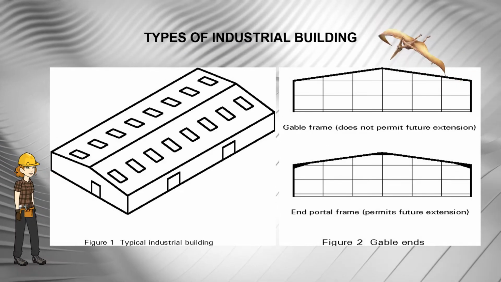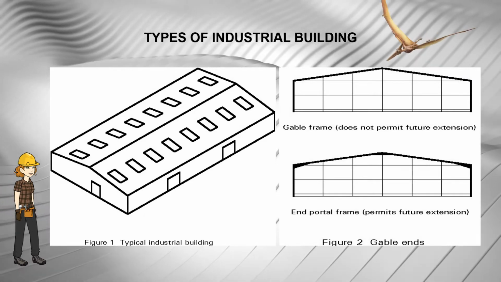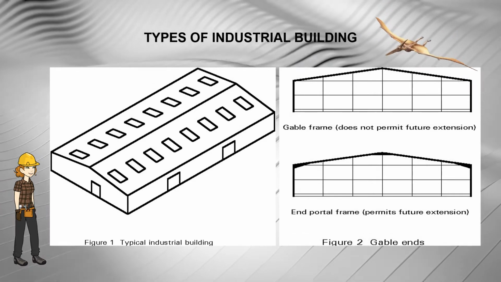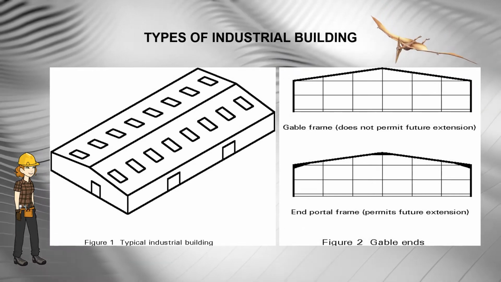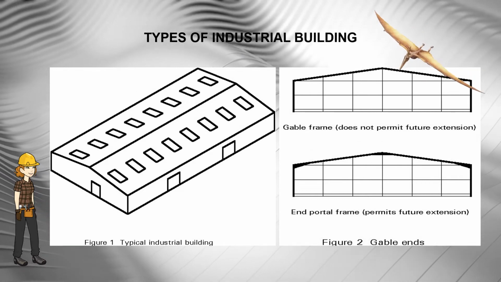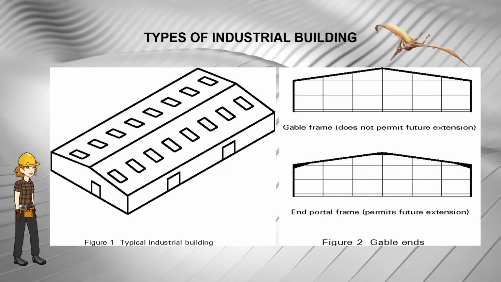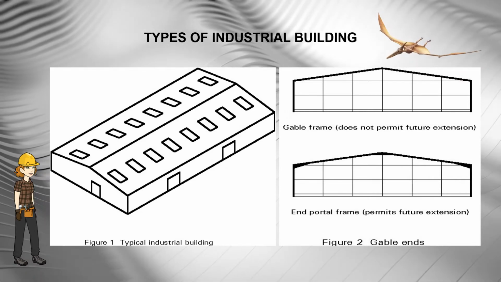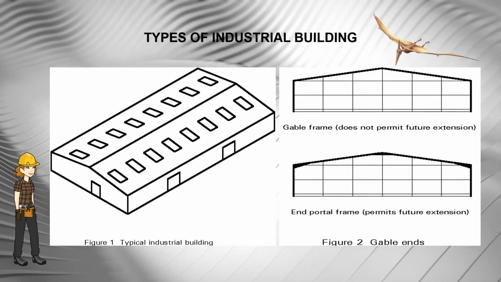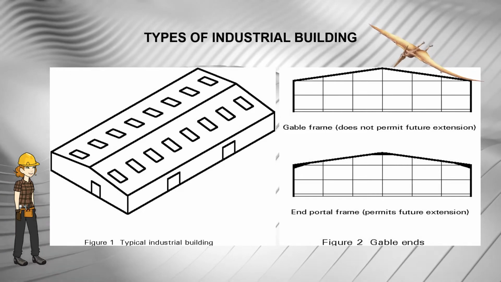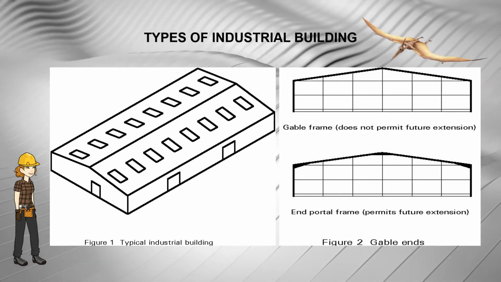A wide variety of building types exists, ranging from major structures such as power stations and process plants to small manufacturing units. The most common type is the simple rectangular structure as shown in Figure 1.